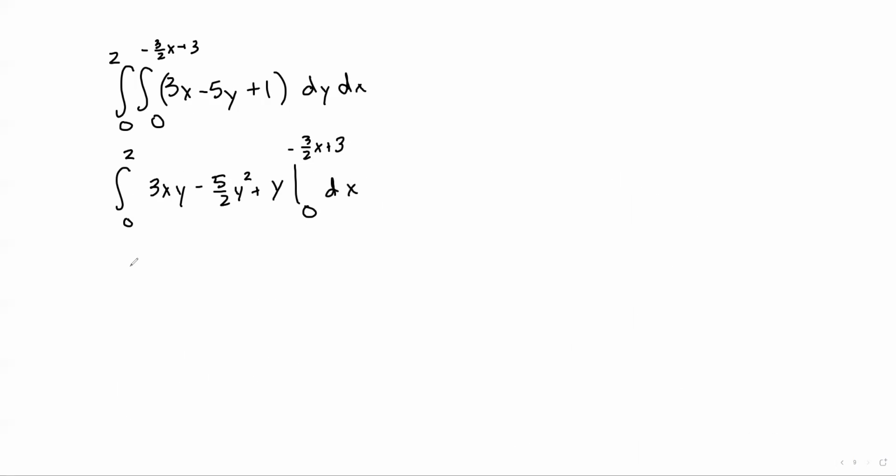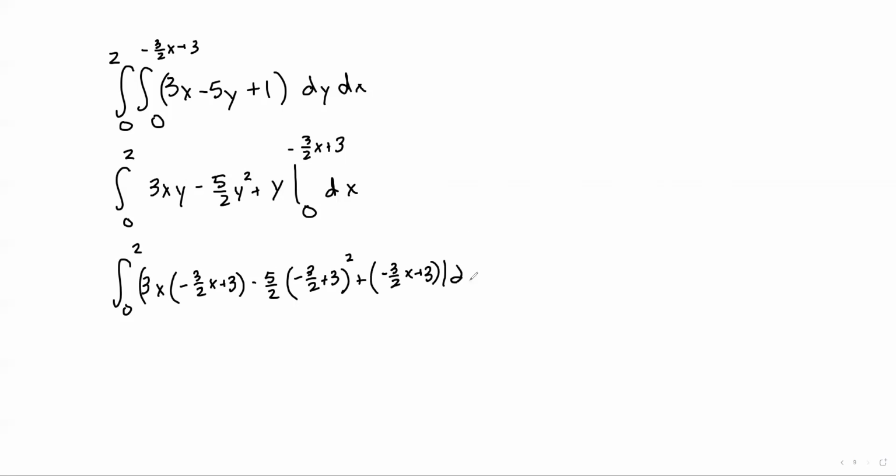Pop that in. We've got 3x times negative 3 halves x plus 3, minus 5 halves times negative 3 halves x plus 3 squared, plus negative 3 halves x plus 3. And then simplify.